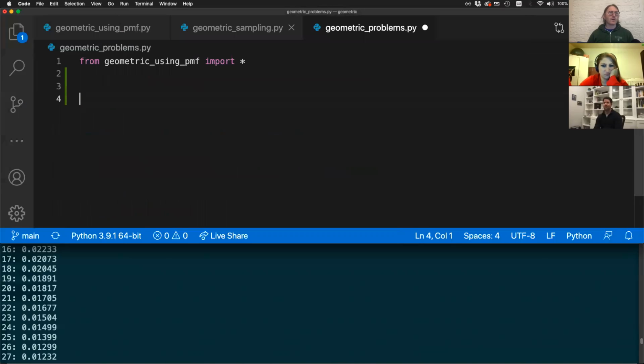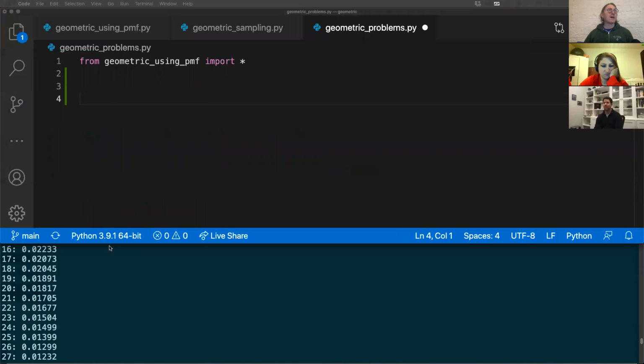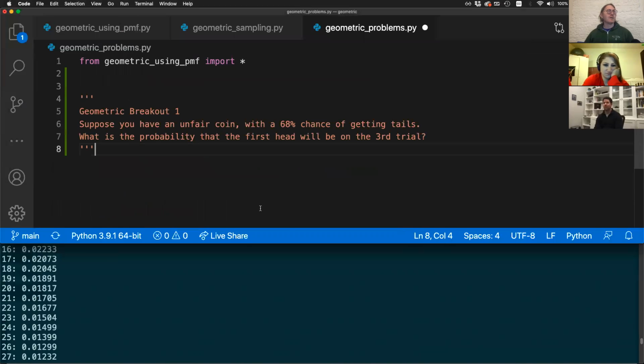Okay, so I've got a couple of the breakouts copied over here. Suppose you have an unfair coin with a 68% chance of getting tails. What is the probability that the first head will be on the third trial? As soon as you get to an answer, go ahead and put that in the Slack. The first thing you might ask yourself is, what is the probability of success?